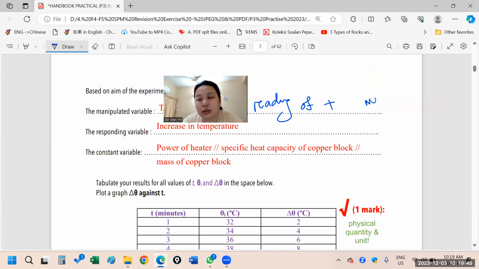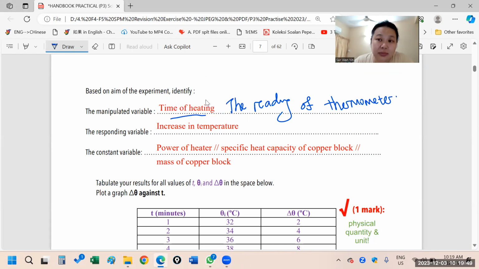This is just an example, I guess it's about electricity. Can I say this is my manipulated variable?